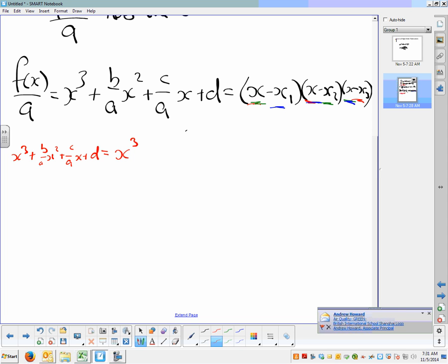So, combining all those things together, we have plus minus x1 minus x2 minus x3, times x squared.